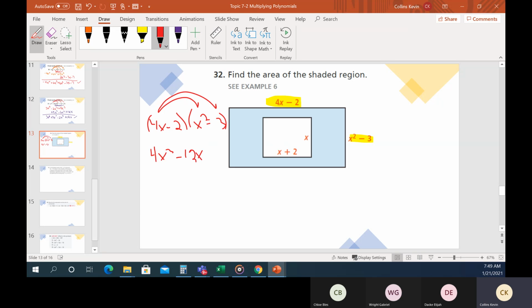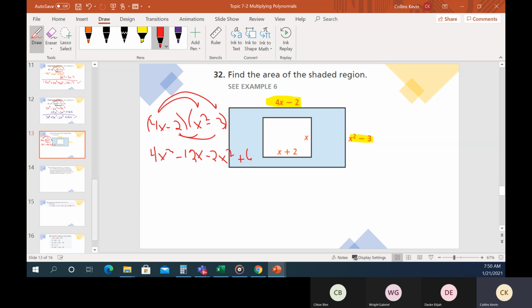And then x. And then we do this guy. So we've got minus 2x squared. And then we have minus and minus is a plus. That's plus 6. All right, so this one you can't actually combine any terms, so that's it. We'll go ahead and write that one down here in a minute.